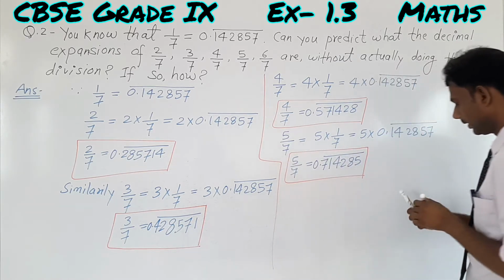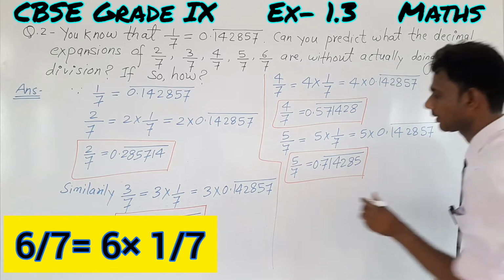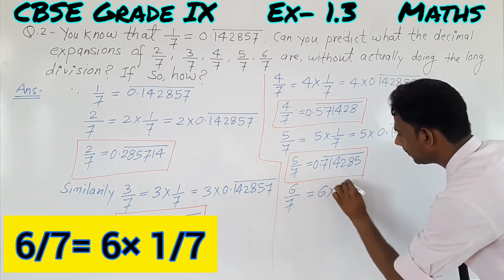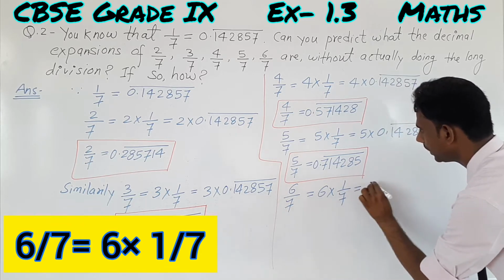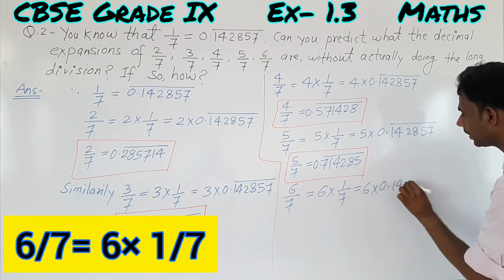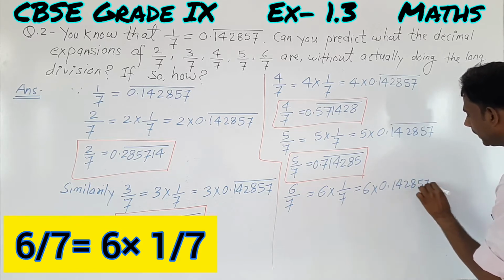Now last, 6 upon 7. 6 upon 7 equals 6 multiplied by 1 upon 7, 0.142857 bar.